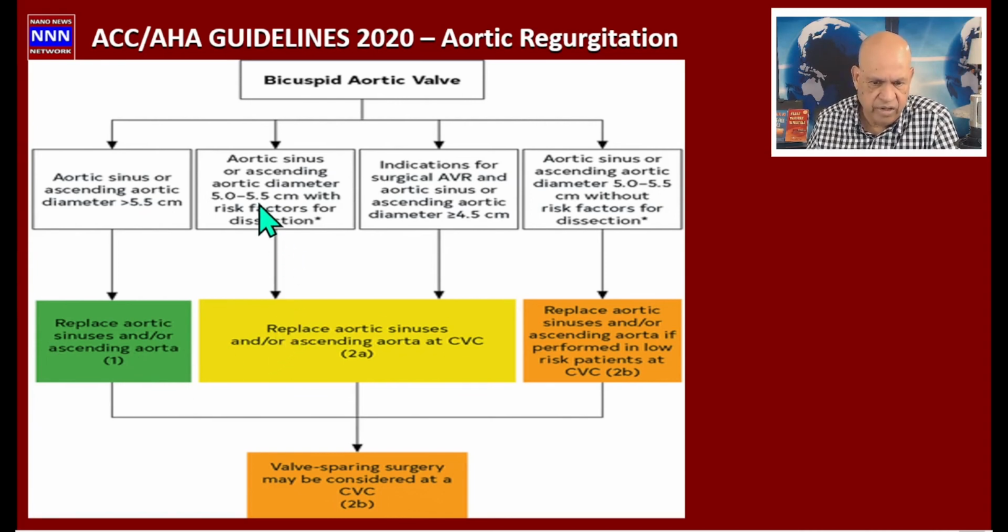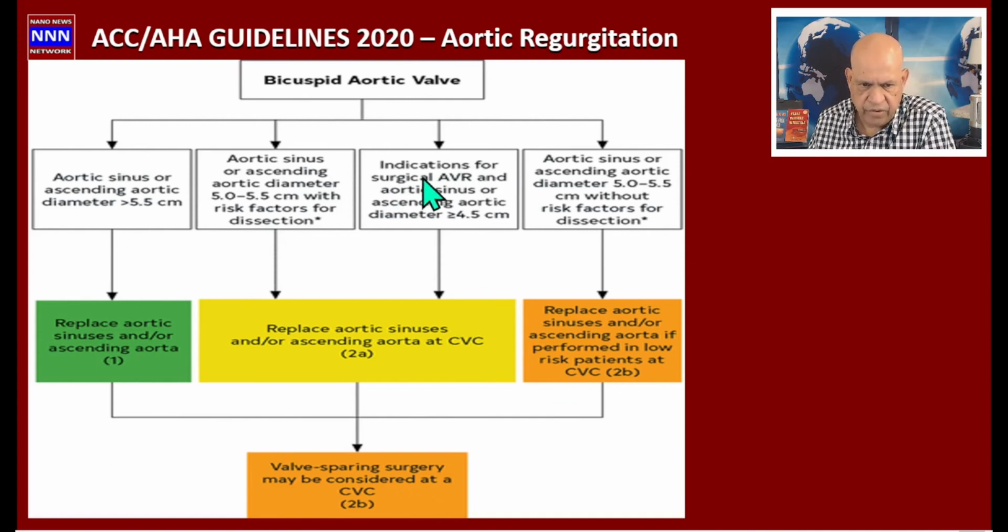Whereas if we have an aortic sinus or an ascending aortic diameter of 5.0 to 5.5 with risk factors for dissection, then replace aortic sinuses and/or ascending aorta during cardiovascular surgery.